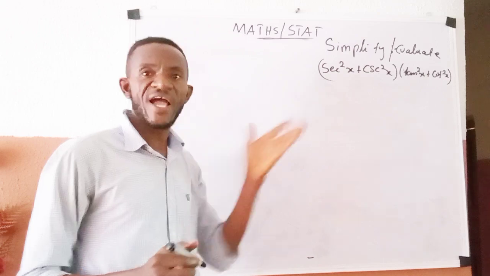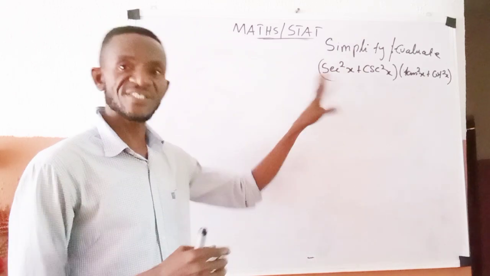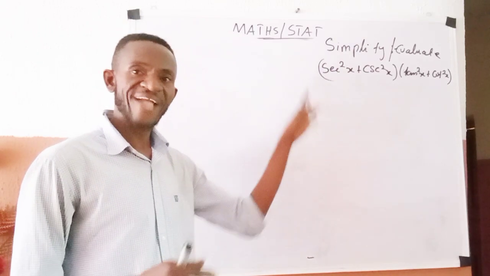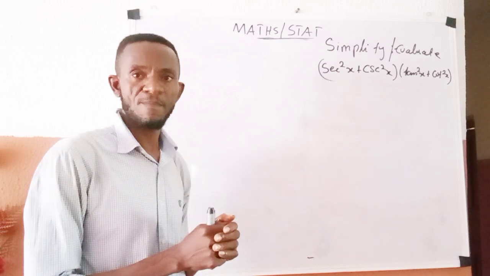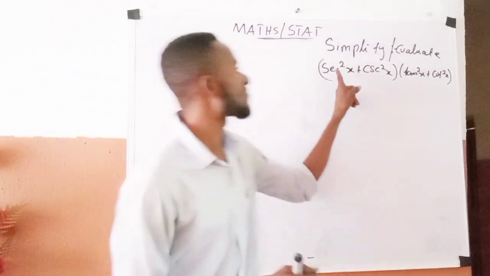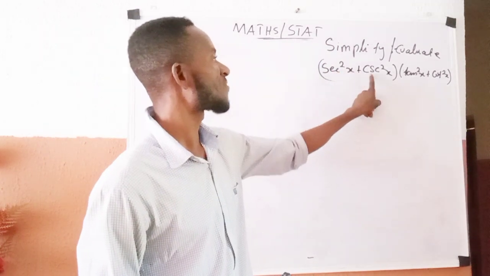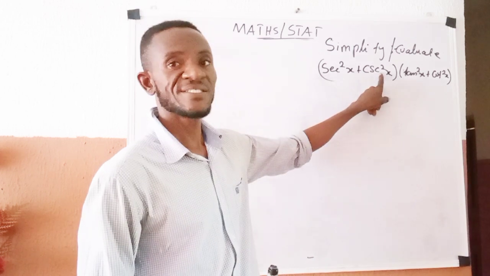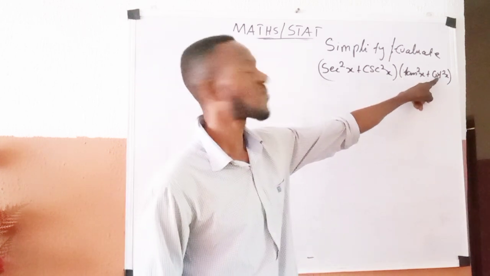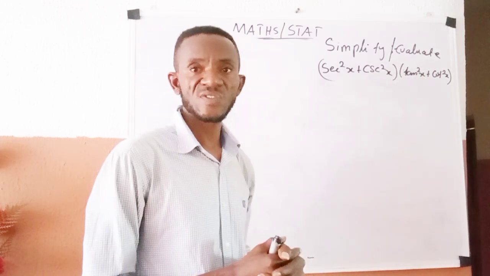We are going to try as much as possible to make you see certain trigonometric identities that we have here. We already have told ourselves what is sec. We already have told ourselves what is CSC. But we have not really told ourselves what we mean by this cot.